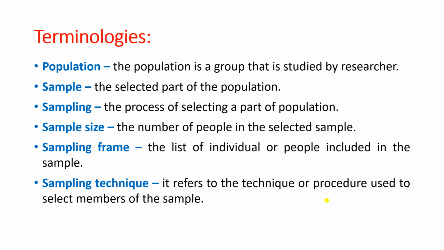That means I want to know the blood pressure status of all the undergraduate MBBS students who are in first year, and that will be my population. So, the population is all the first year undergraduate MBBS students of West Bengal. Whatever finding I get from my study, the result will be applicable to this population, right.